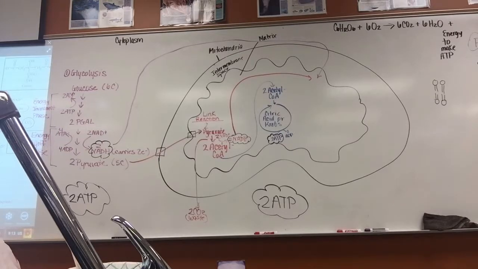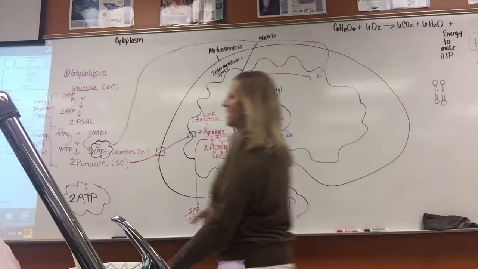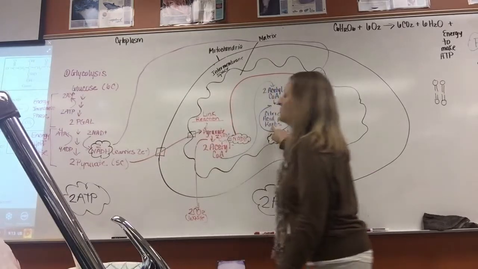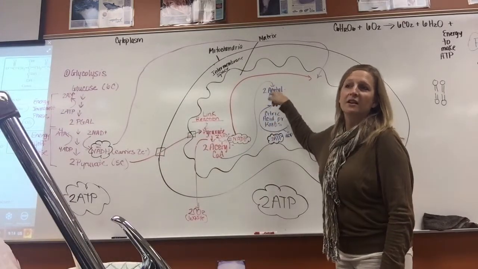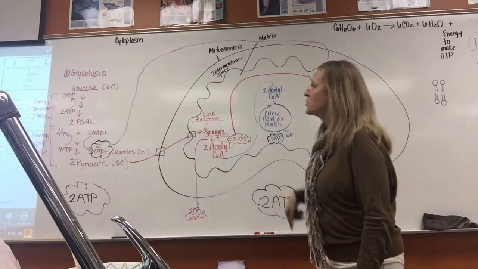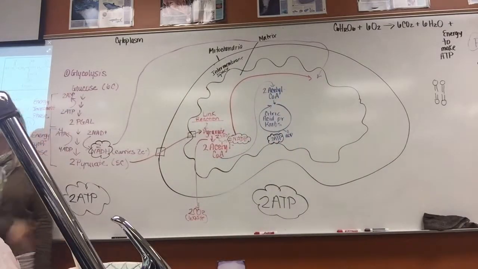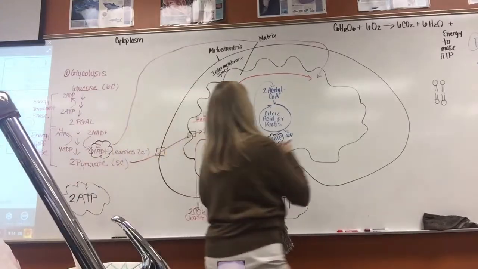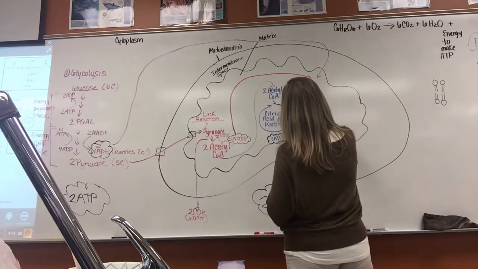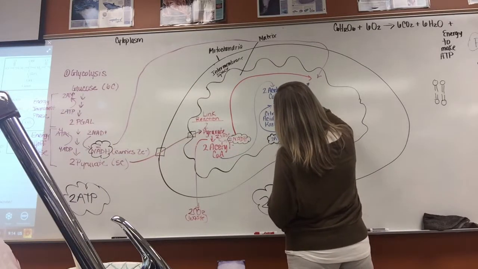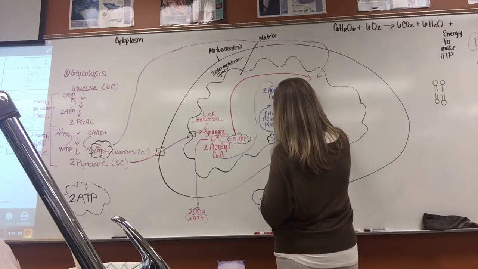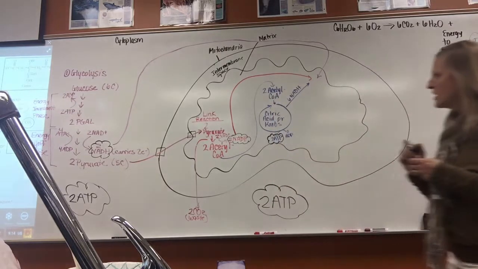How many times does the Krebs cycle happen? Once for every acetyl-CoA, right? So it happens twice. So here we have 1, 2, 3 NADHs. So it happens twice, so we have 6 NADHs coming off of here. So 6, I'm going to go here to this. So we're going to have 6 NADHs coming off of there.